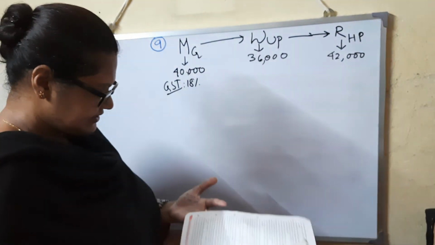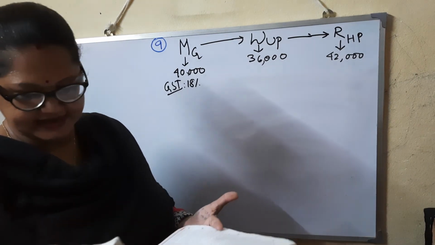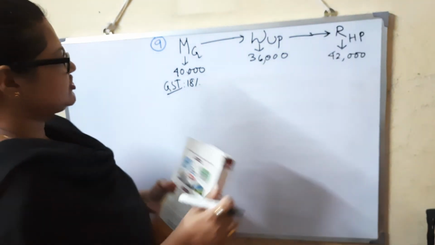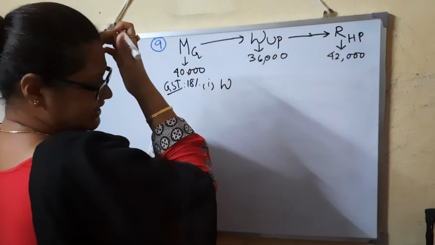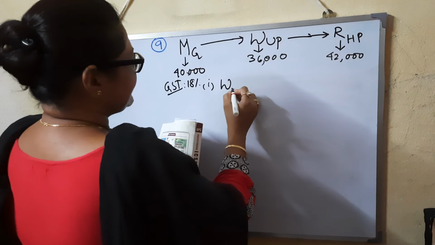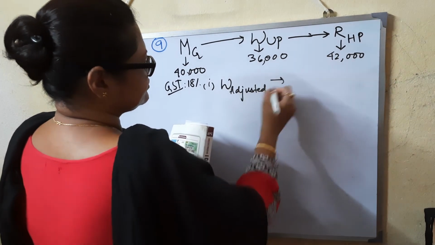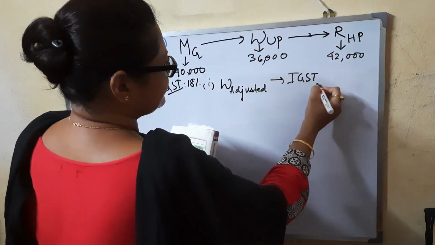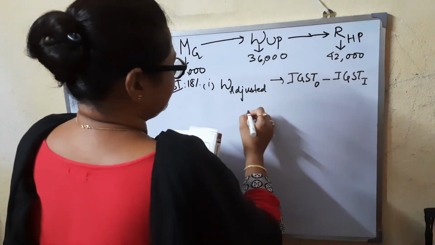Let's see the next part. They have said the amount of tax paid by the wholesaler to the central government. Even this is also easy. The wholesaler paying to the central government, that means the IGST of the wholesaler. This will be adjusted, that means IGST at the output level minus IGST at the input level.